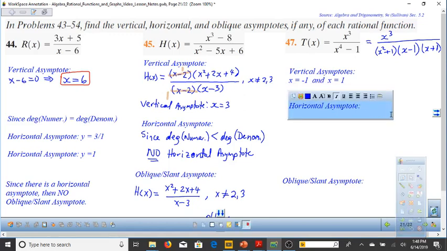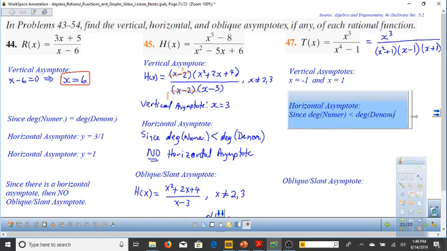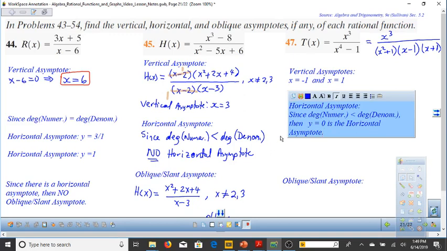So since the degree of the numerator is less than the degree of the denominator, then y equal 0 is the horizontal asymptote. In other words, the x-axis is the horizontal asymptote.